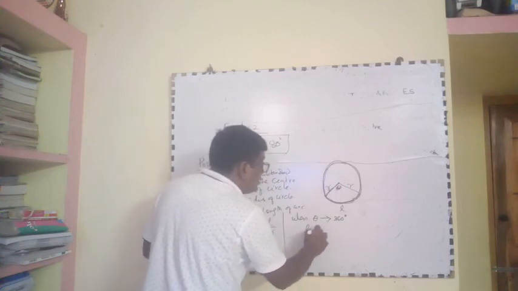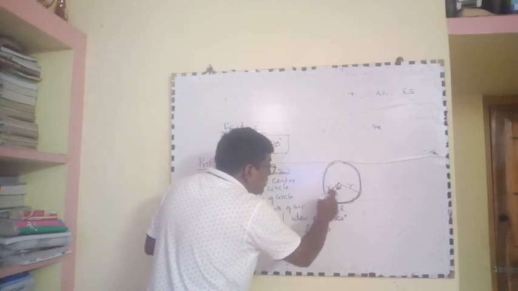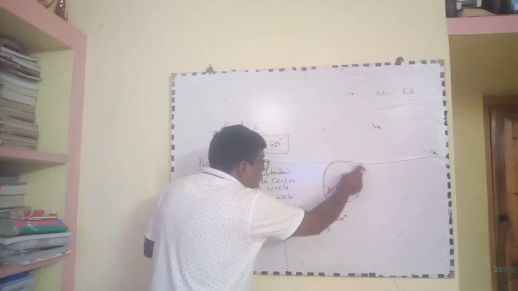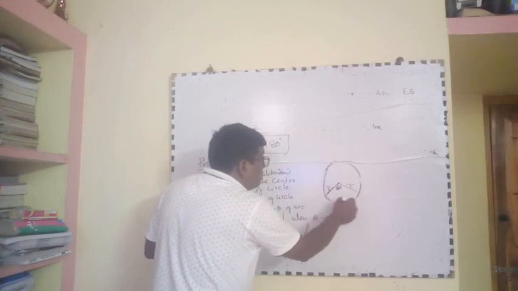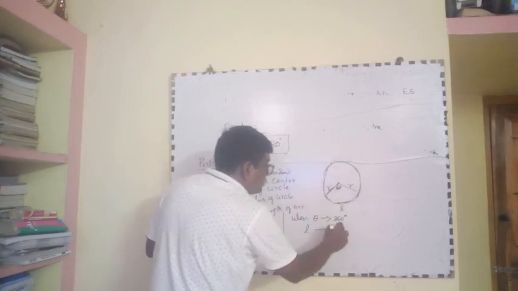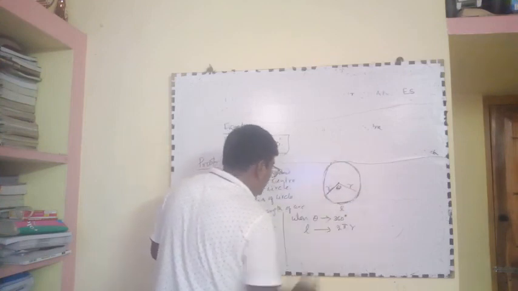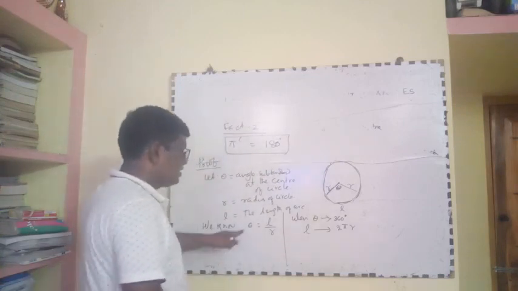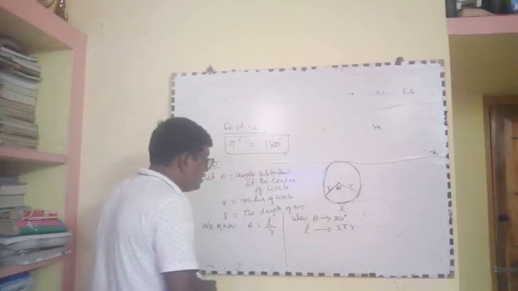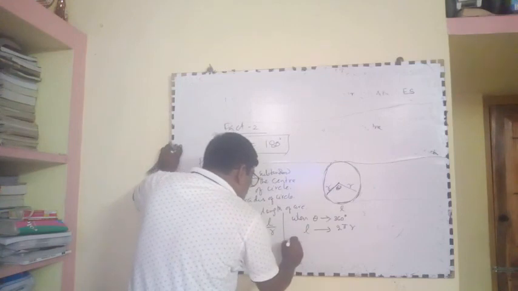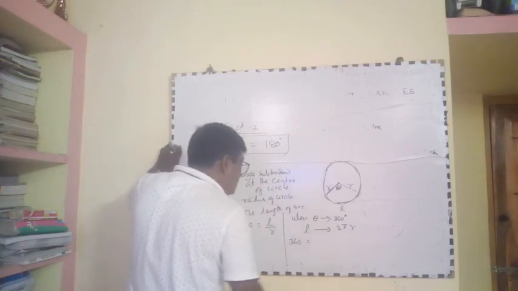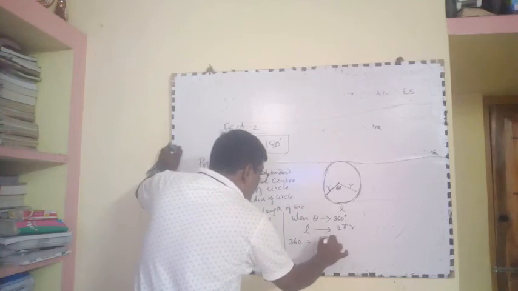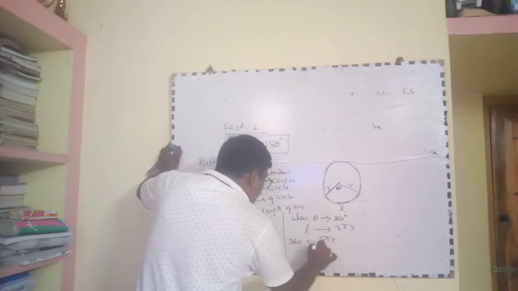L also changes to the length of the circle, that is the circumference, equal to 2 pi r. Now in place of theta we can write 360 degree is equal to 2 pi r divided by r.